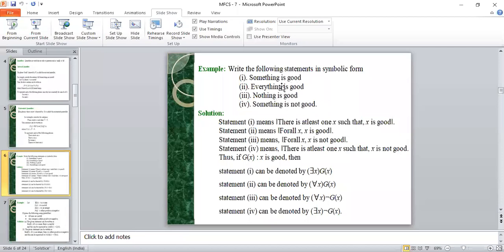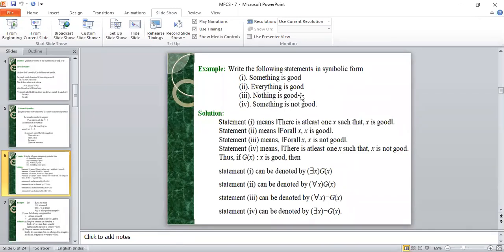We are asked to write this in symbolic form. The first statement, something is good, means there is at least one x such that x is good. Everything refers to for all, while something refers to only some part. The second statement: everything means for all, for all x is good.